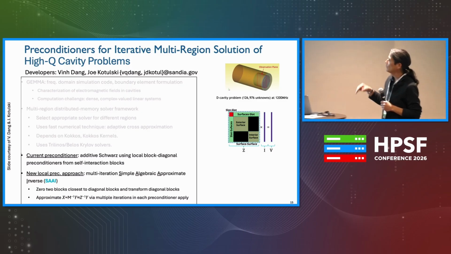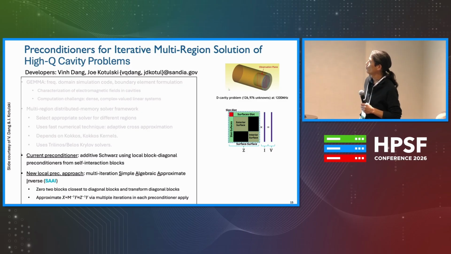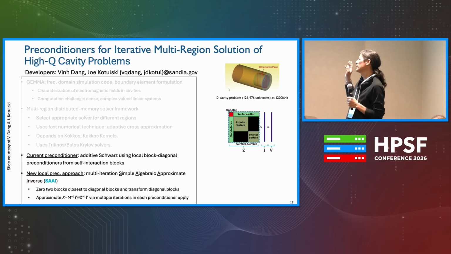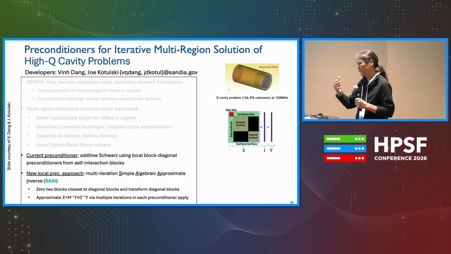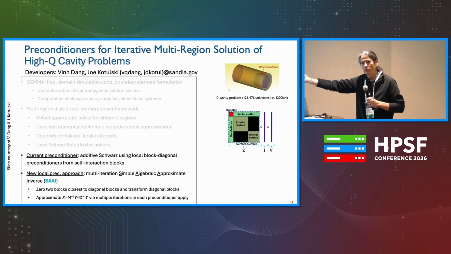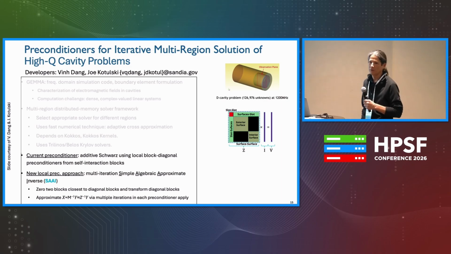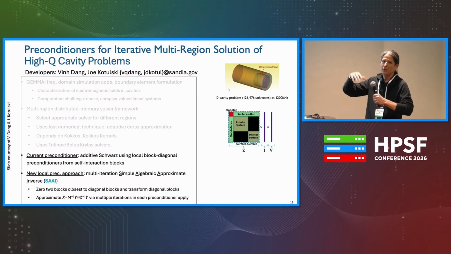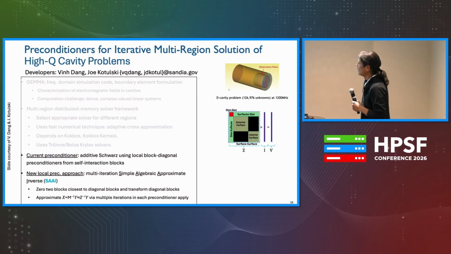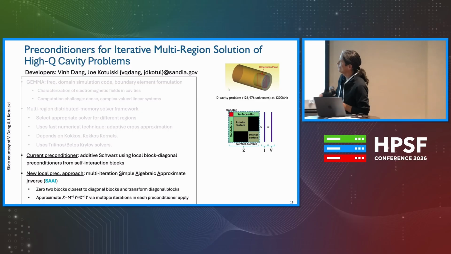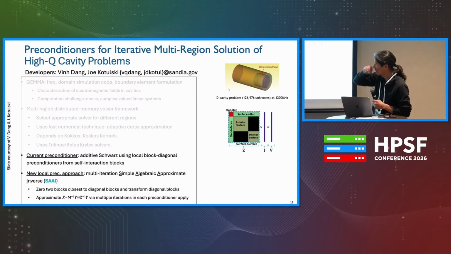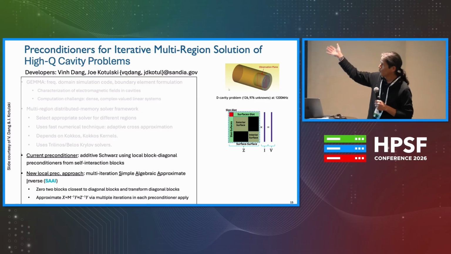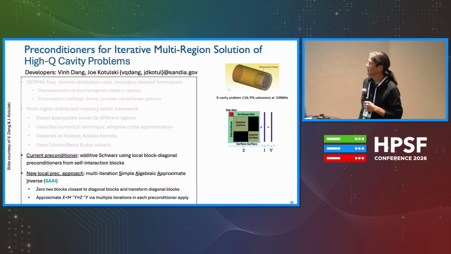Currently they use an additive Schwarz, and I should say that you have near field interactions and far field interactions, and they're using low rank approximations for the far field interactions, so you do not have a completely dense system. Currently, they're using additive Schwarz methods, just doing a local block diagonal preconditioner for the self-interaction blocks.